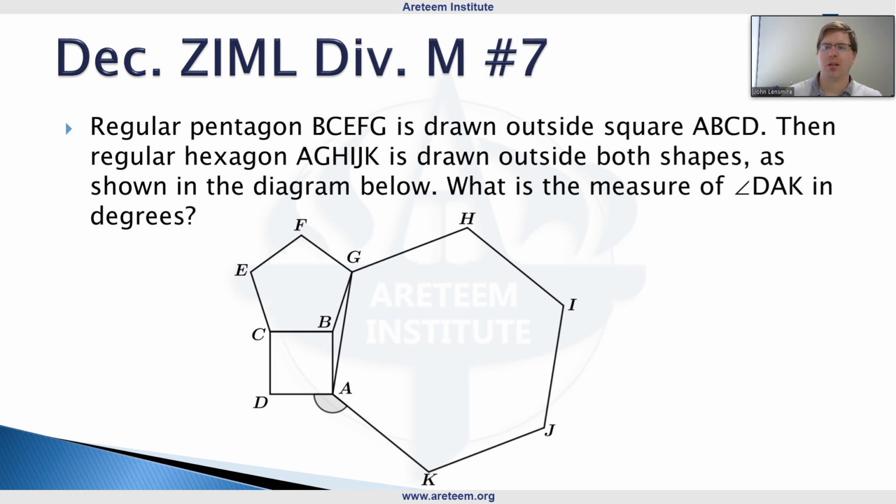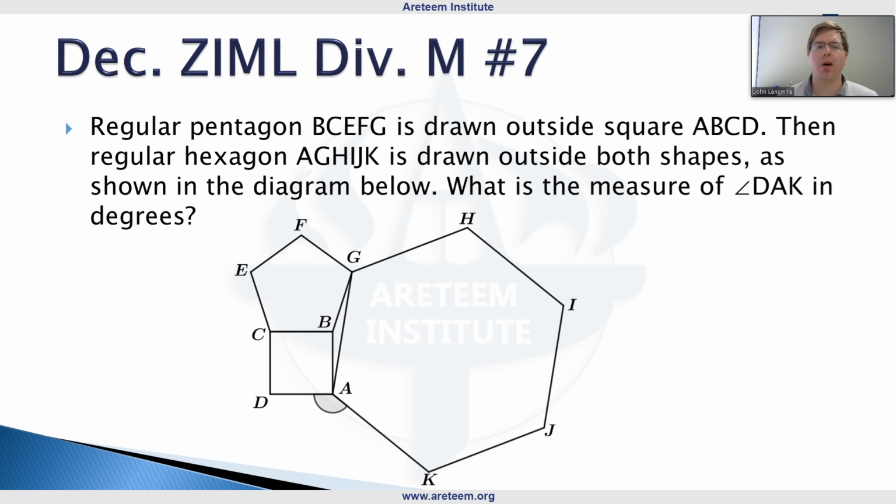Okay. So we have a regular pentagon, right? And we're kind of going from there. So regular pentagon, B, C, D, E, F, G, right? We have a square, we have a hexagon, kind of things like this as well.